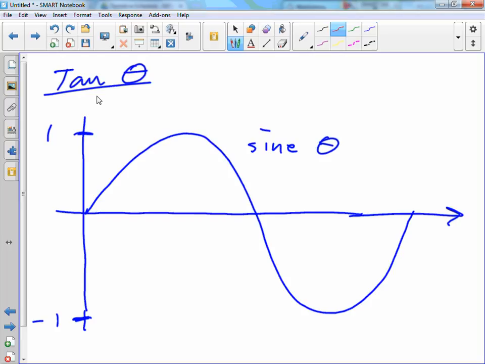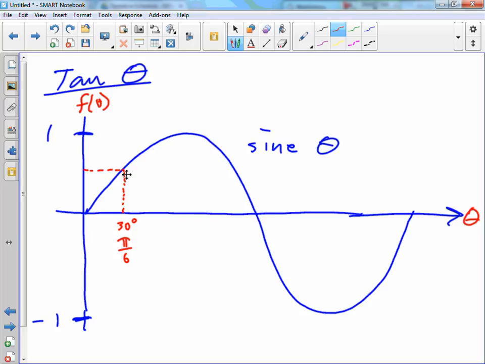So we know you can pick a value and you can say, let's say 30 degrees or pi over 6. We talked about that one just a little bit ago. If you go over here 30 degrees for theta, then f of theta for sine will be how much?